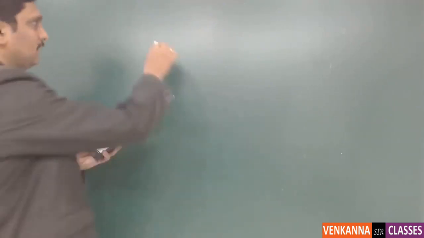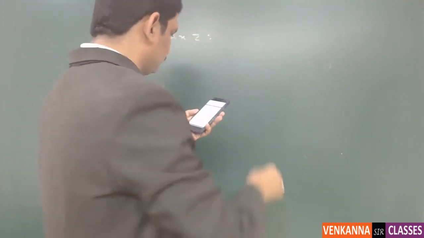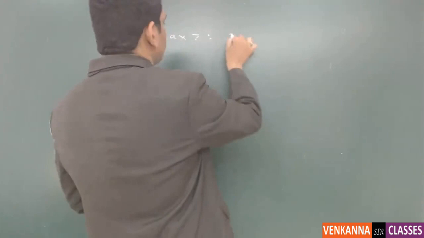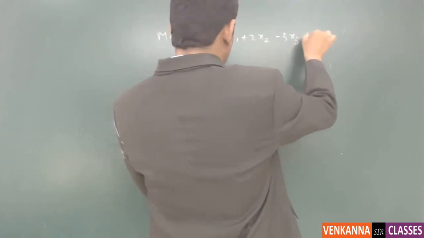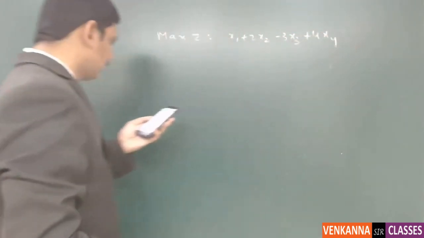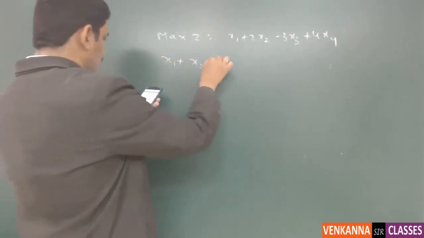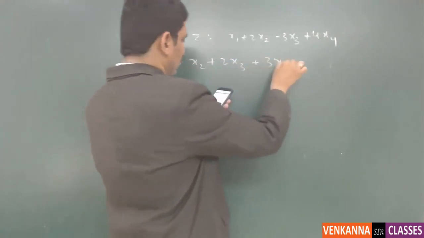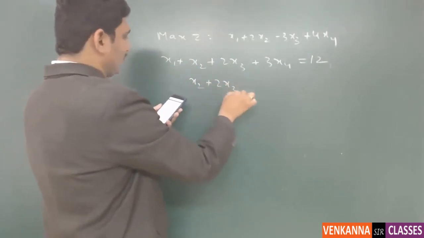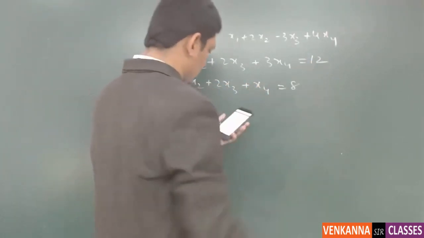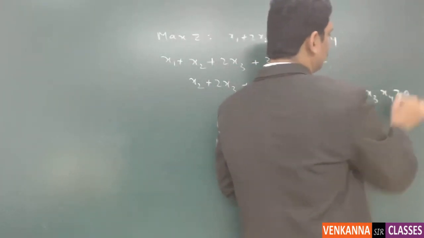The question is given that maximum z equals x1 plus 2x2 minus 3x3 plus 4x4, subject to the constraints x1 plus x2 plus 2x3 plus 3x4 equal to 12, x2 plus 2x3 plus x4 equal to 8, where x1, x2, x3, x4 are greater than or equal to 0.